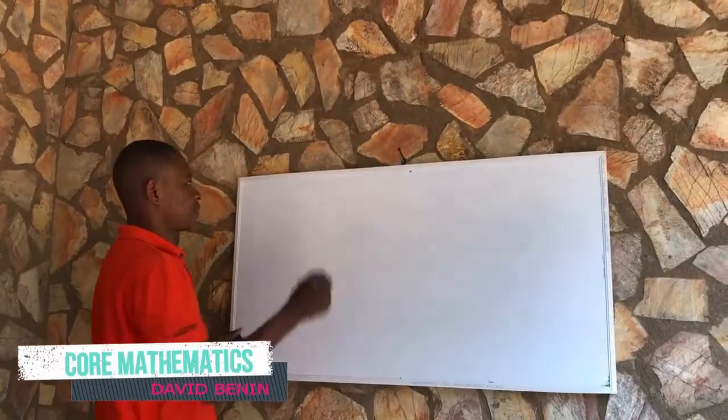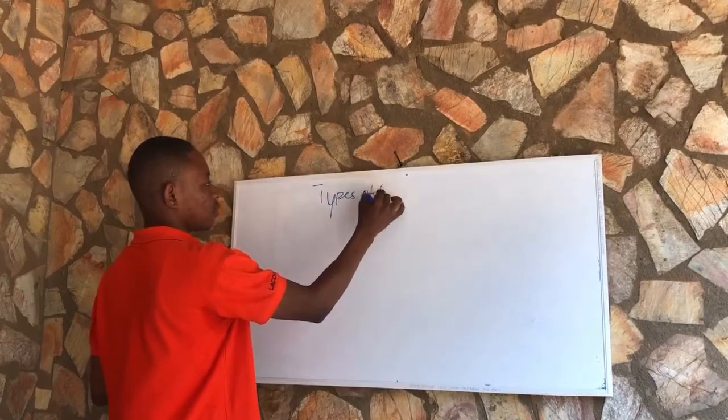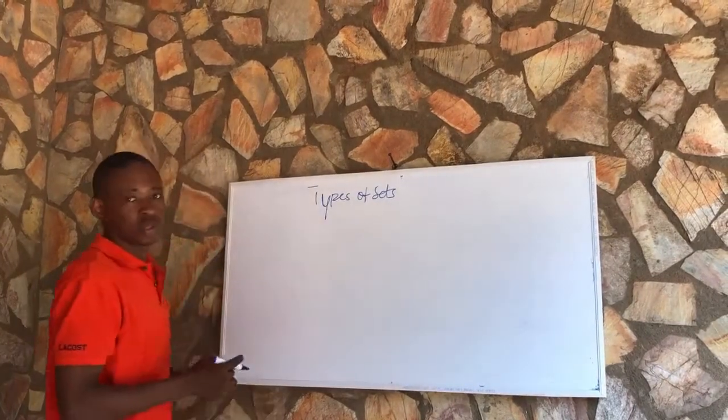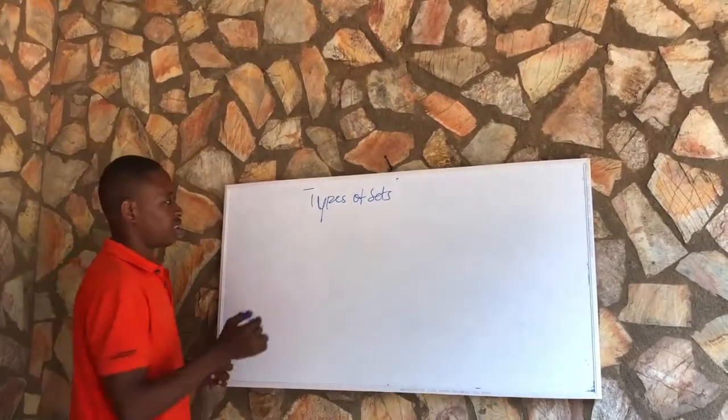Types of sets. So we are going to look at 7 main types of sets and then 8 class of sets.